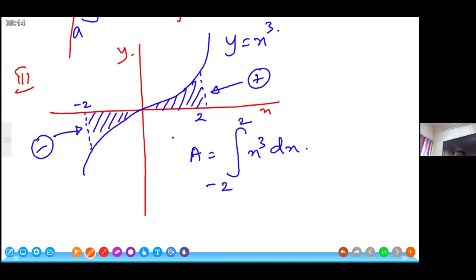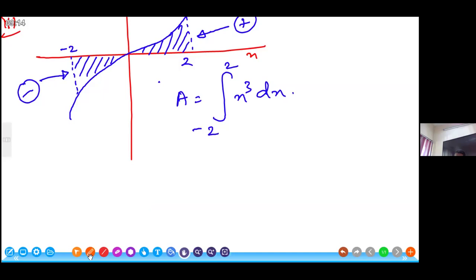Obviously, there's an area. So what we'll have to do is integrate these functions separately.